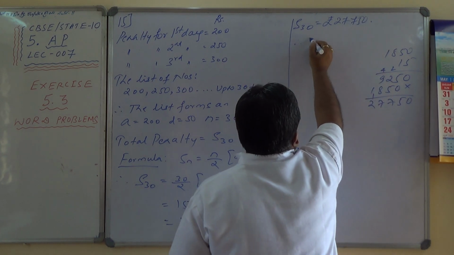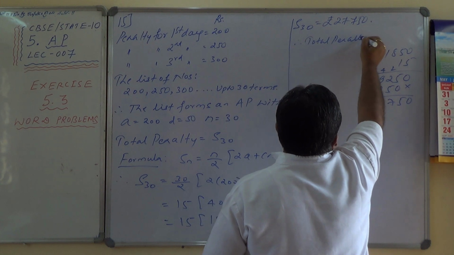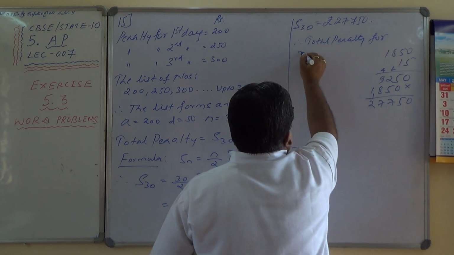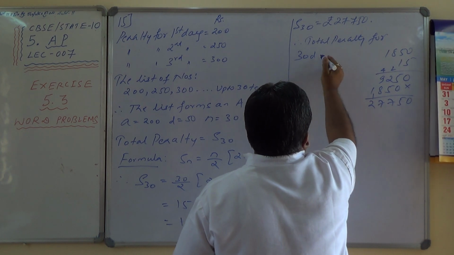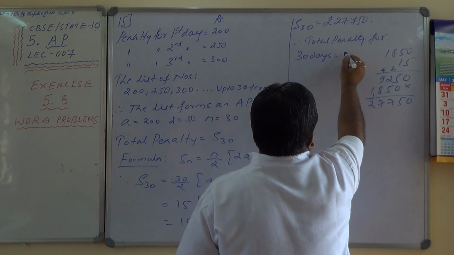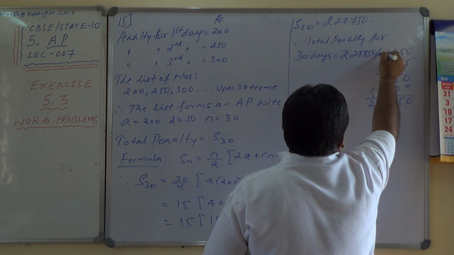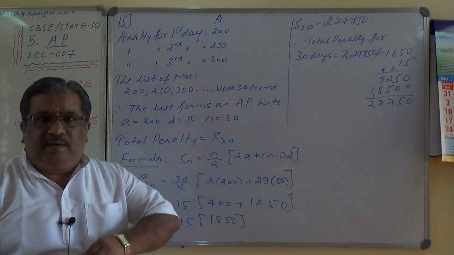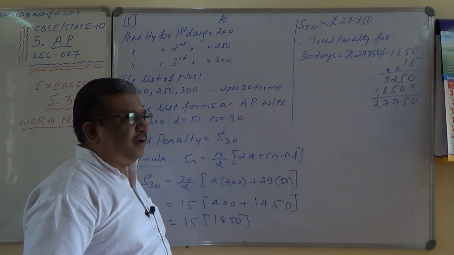Therefore total penalty for 30 days equals rupees 27,750. Please note it down. We'll go to the next question.